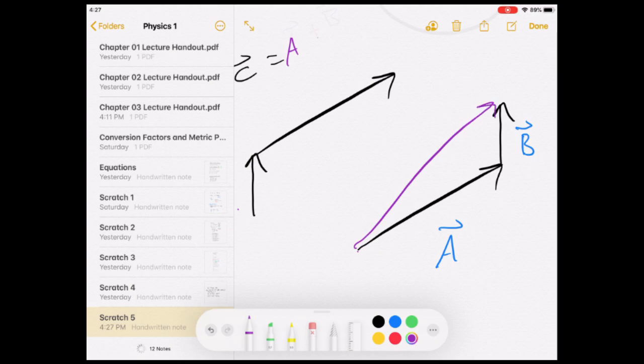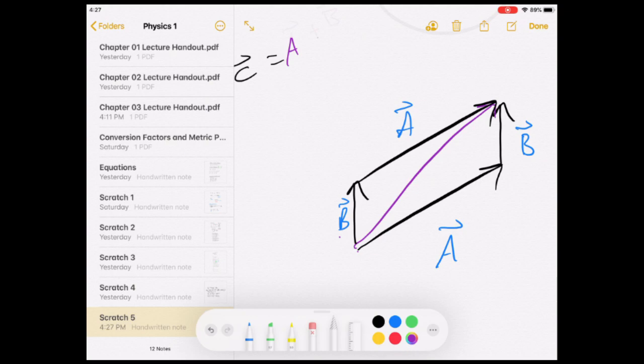But what if I walked B and then A? Well, that would be exactly this. This one's A, and this is B. But look, if I draw the tip to tail for that guy, it's the same darn thing. We've drawn a parallelogram. Do you see that?